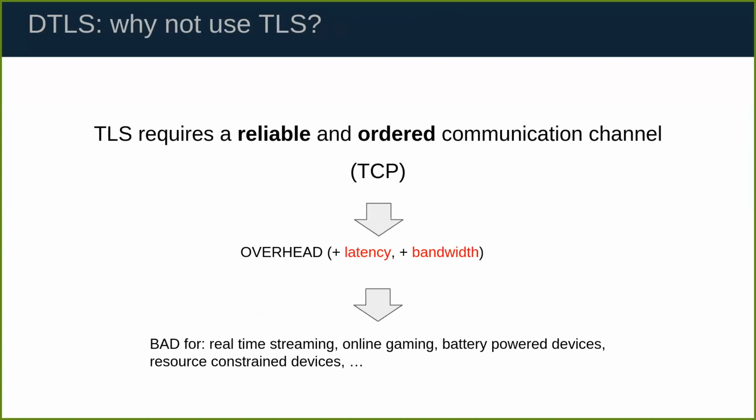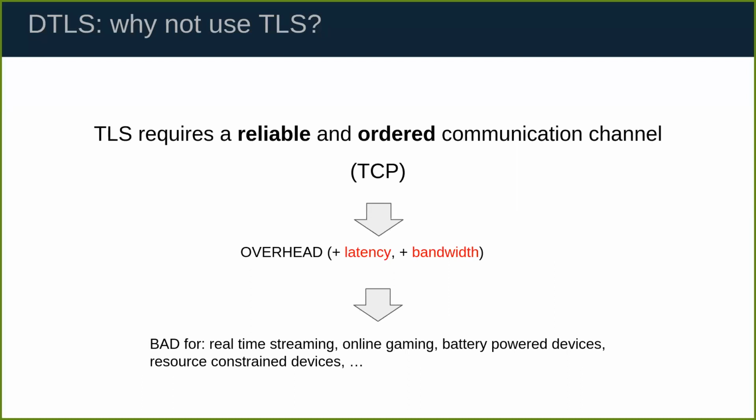So why shouldn't you use TLS instead of DTLS? TLS requires reliability and ordered delivery. This requires an entire TCP implementation, for example. You need some kind of reliable protocol underneath TLS, and this imposes an overhead in latency, bandwidth, and resource usage.